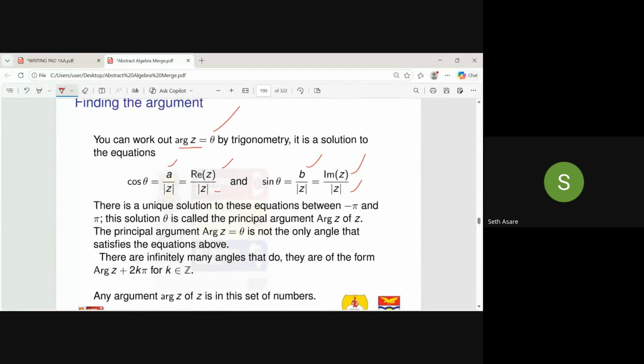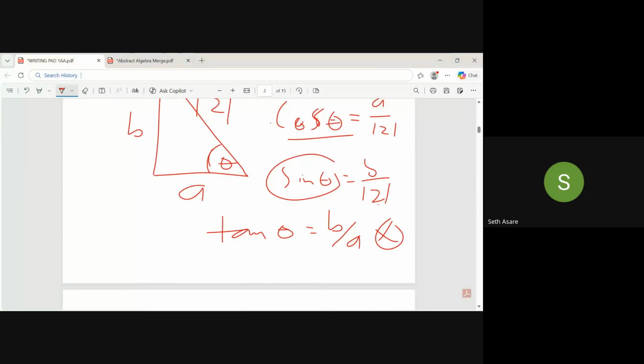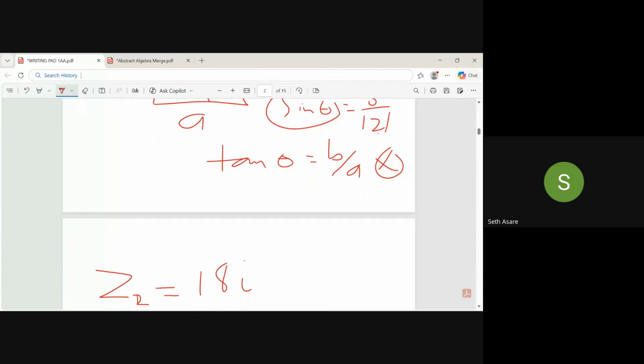There is something we should take note of here. This is a unique solution to this equation. We are considering the equation from negative pi up to positive pi, and all the angles there are called the principal argument. Let me explain.